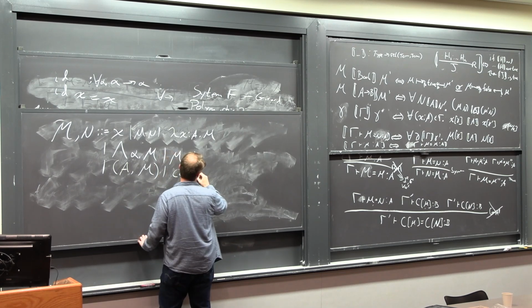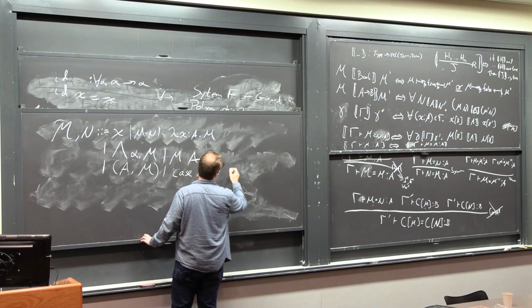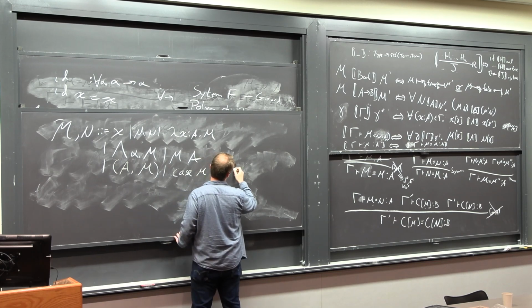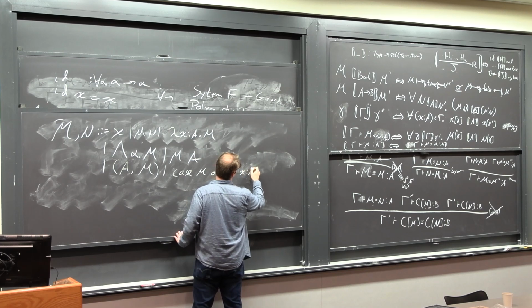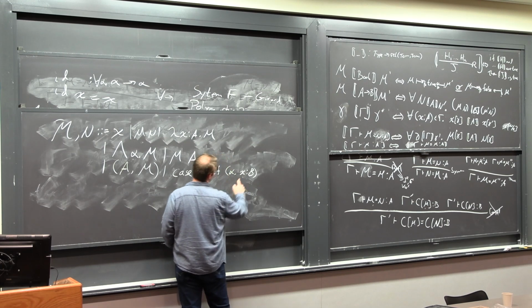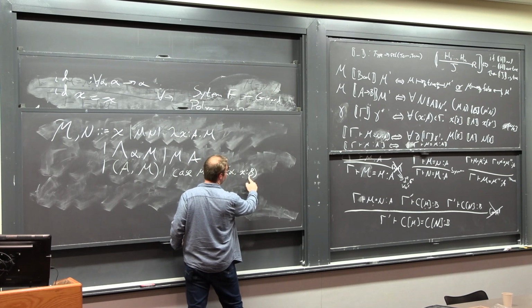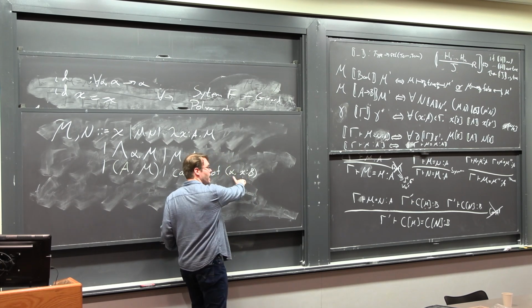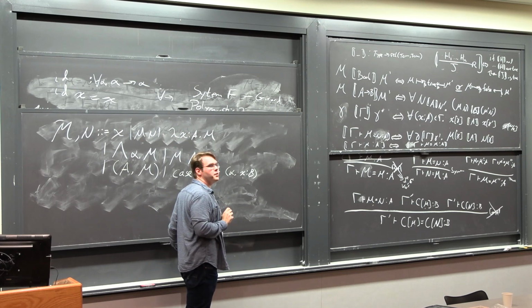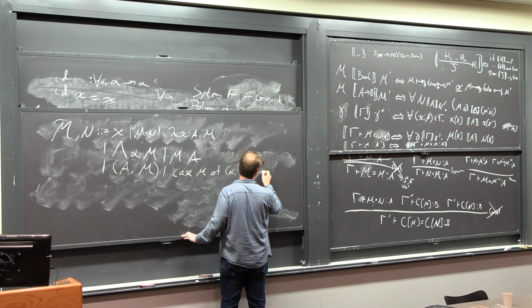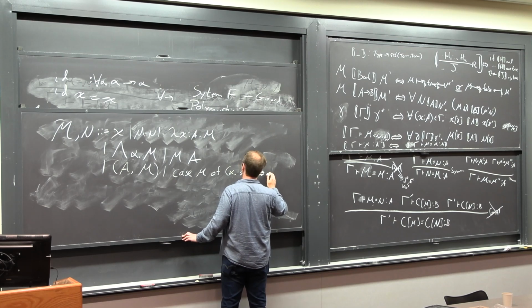A case M of, and we're going to open up the package. So I have some abstract type alpha, and I have a variable with a type B that might refer to that alpha, right? I don't know what it is, but I have to refer to it for a while.